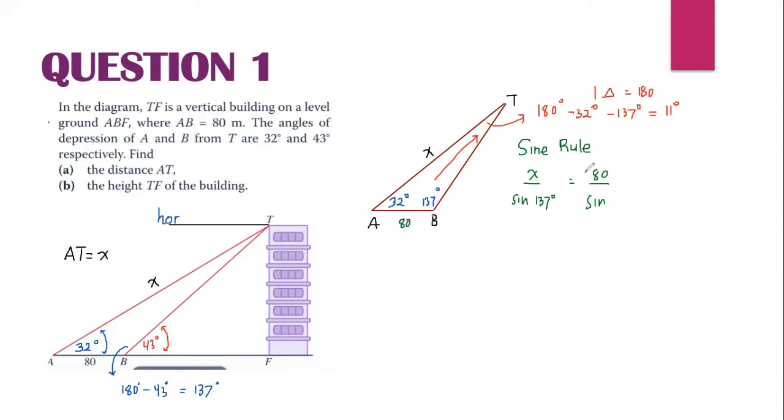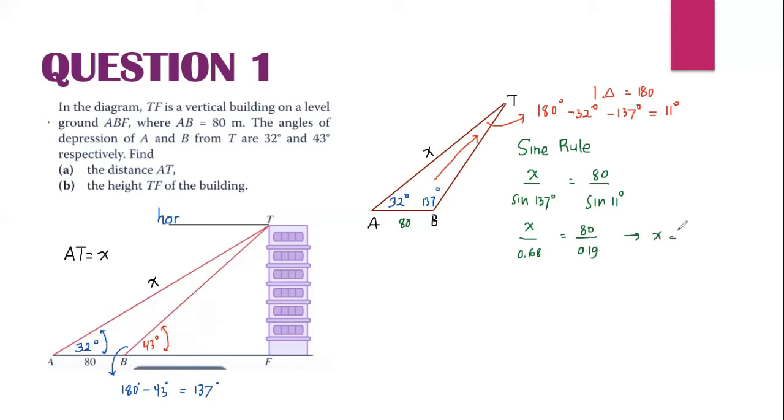Okay, clear? So we can write sine 11 degrees. Next, x over sine 137 is 0.68 by using calculator, right? Equal to 80 over sine 11 degrees, which by calculator is 0.19.